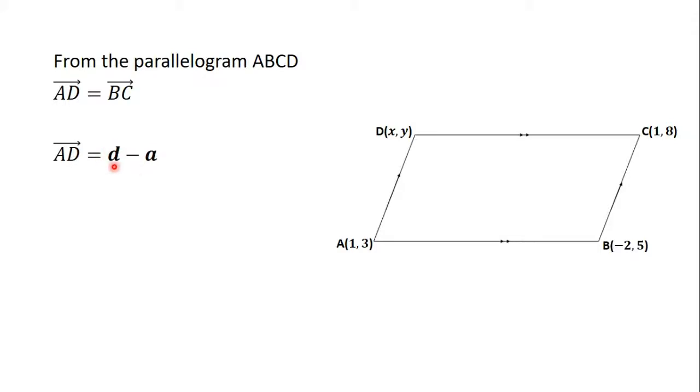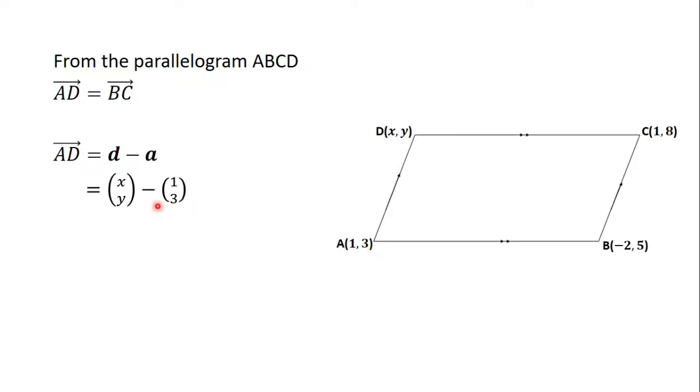Okay, so the vector AD is the same as position vector D minus position vector A. What are the components of position vector D? The components of position vector D are the coordinates of the point D, which are x and y. Minus the components of position vector A, which are the coordinates of point A, 1, 3.